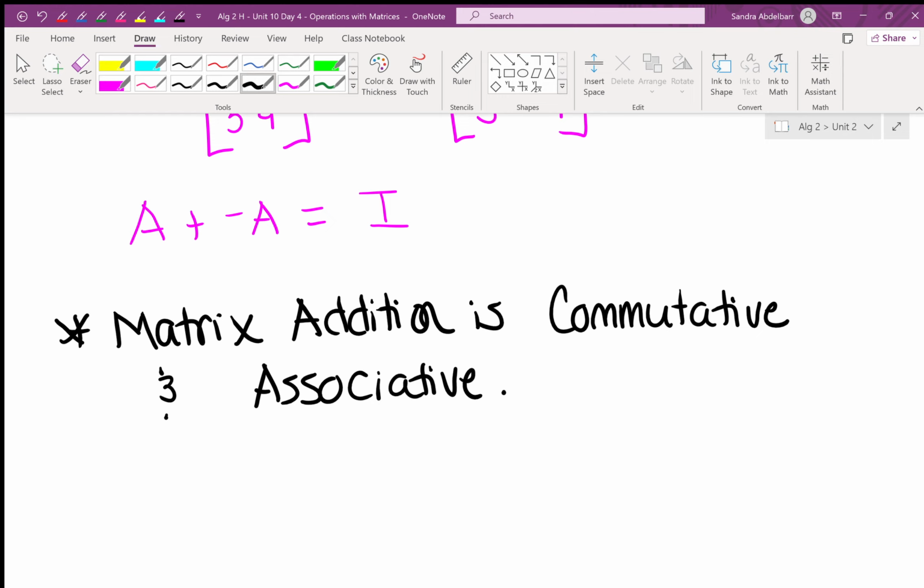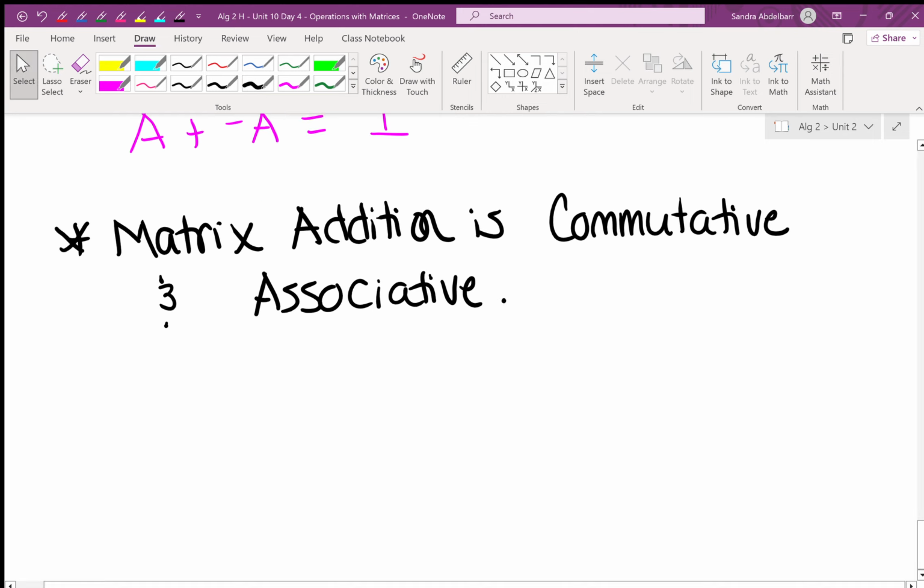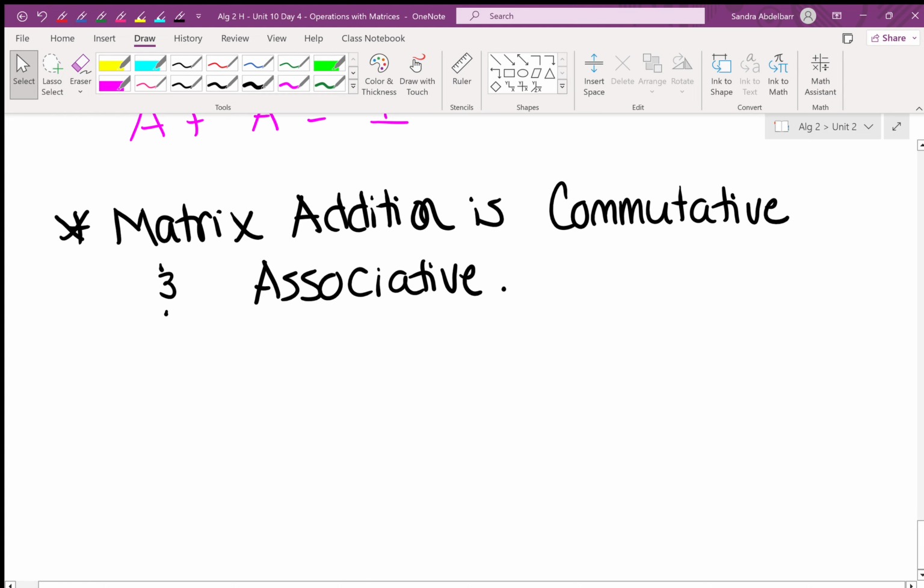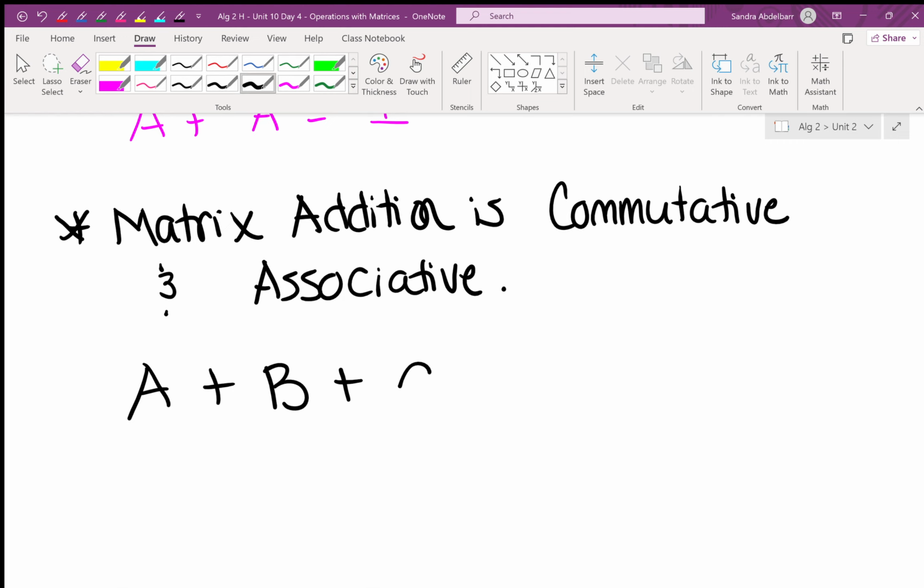Dylan? Is it like distributing when you could put parentheses around it? Parentheses, yes, but not distributing. So what it means is you're grouping together different things. If I had matrix A plus matrix B plus matrix C, if there's no parentheses, normally we can just go in any order we want, right? But the minute I put parentheses, now I have to add B plus C first.